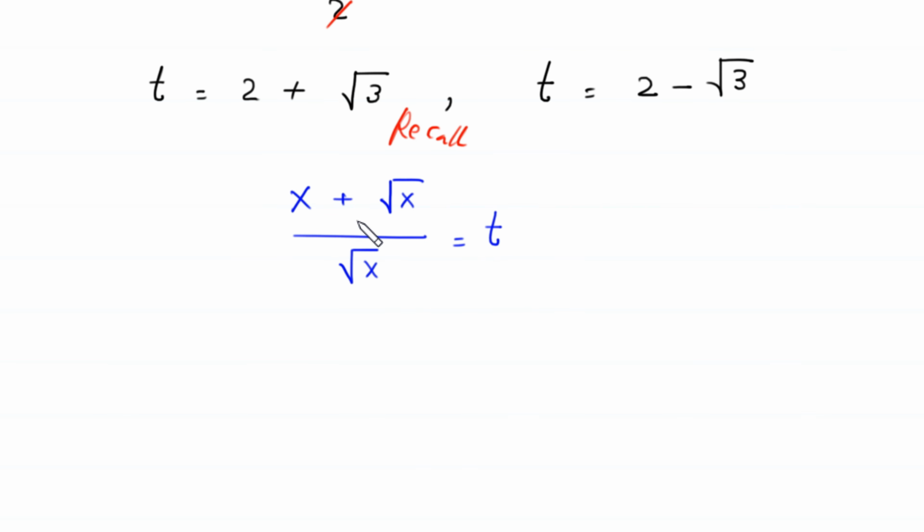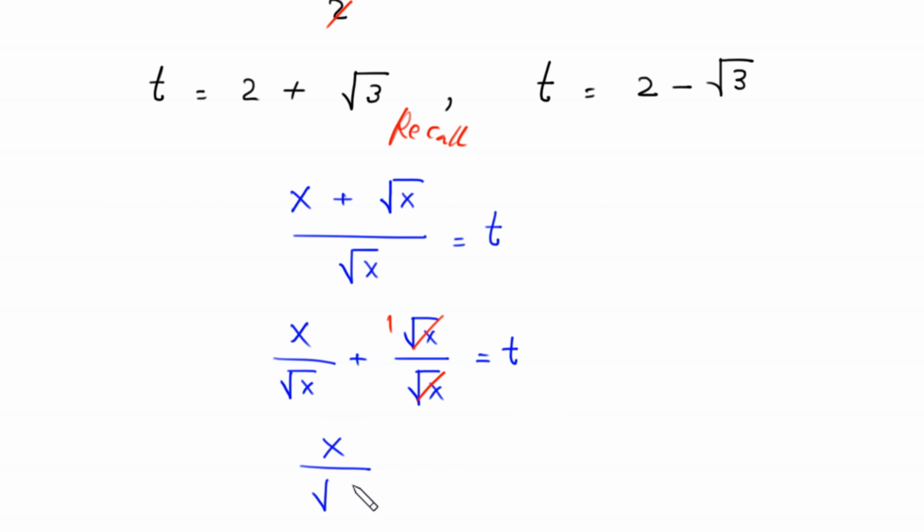Now this expression can be written as x divided by root x plus root x divided by root x is equal to t, and this root x will cancel out with this root x, and here is left 1. So this expression will become x divided by root x plus 1 is equal to t.